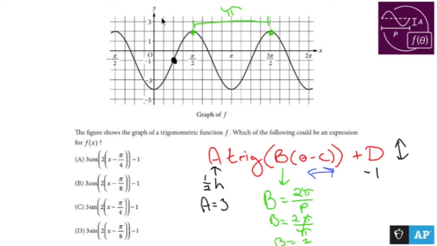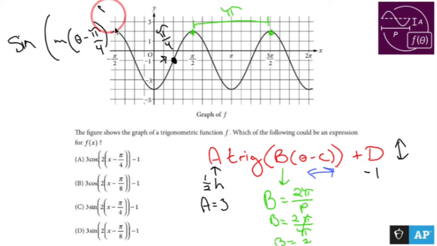So I would have sine of 2 theta, and then I figured that if it's supposed to start here, that is me moving my graph to the right 2 blocks. So if 4 blocks is half a pi, then 2 blocks is a quarter of a pi. So x minus a quarter of a pi.